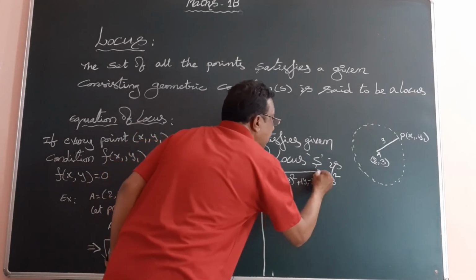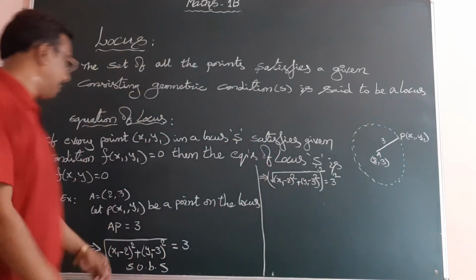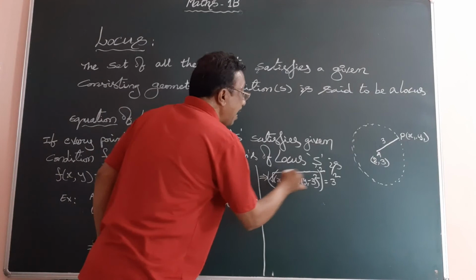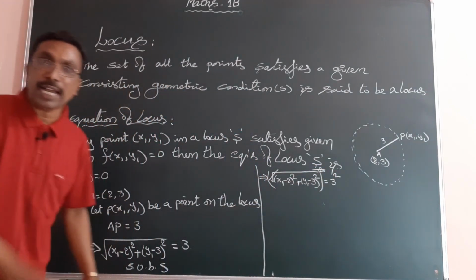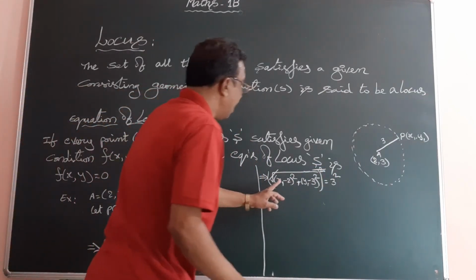Squaring on both sides, here the square root is cancelled. Expand this one.